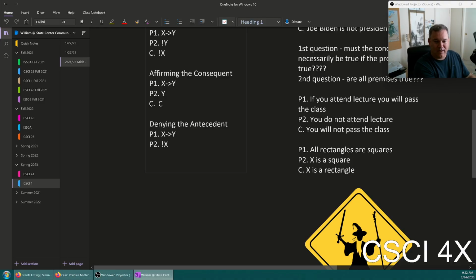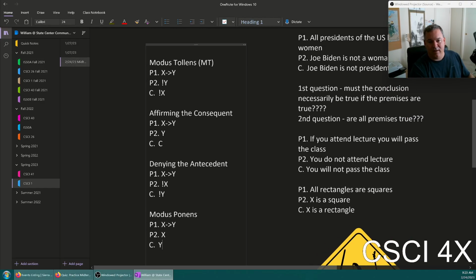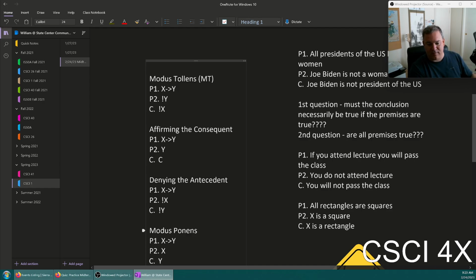Premise 2, not x. Conclusion, not y. And the last form is modus ponens. Premise 1, x implies y. Premise 2, x. Conclusion, y. So modus tollens and modus ponens are both valid, and denying the antecedent and affirming the consequent are both invalid. These are both fallacies.